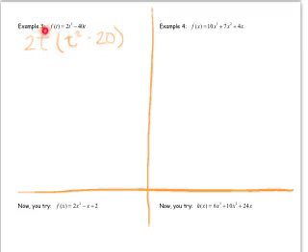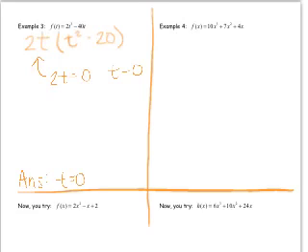The fact that 2t is a factor says that 2t equals 0 is a solution. If I divide by 2, t equals 0. So far I have one answer, and it's that t equals 0.